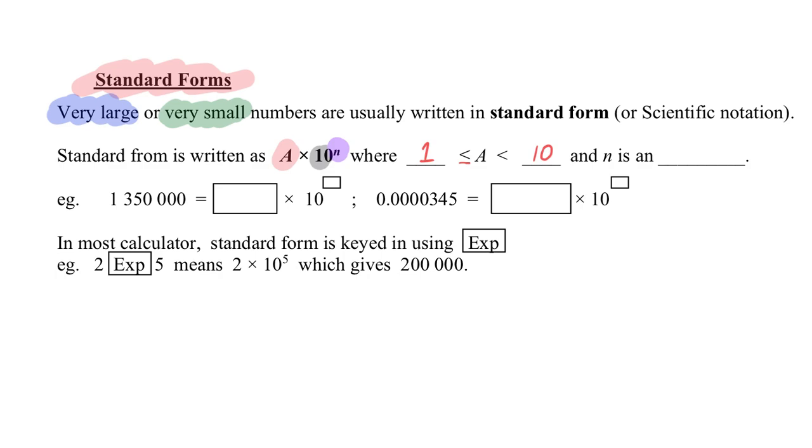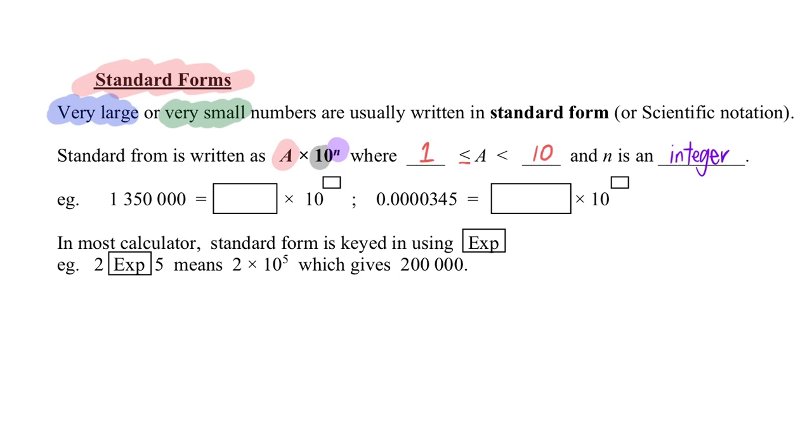And n is an integer, meaning it cannot be a fraction, nor can it be a decimal.